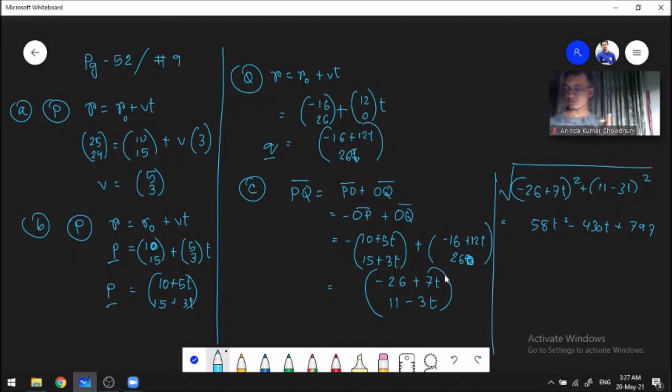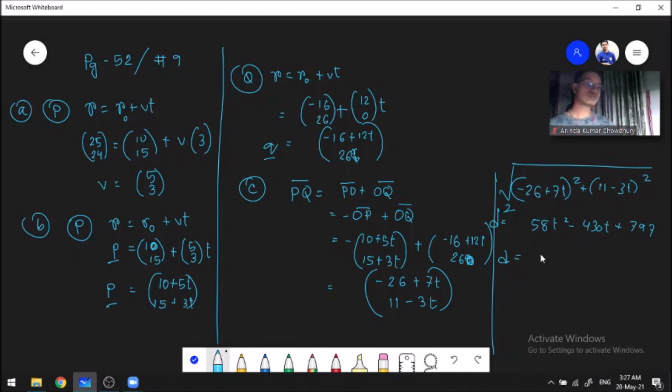Given that when t is equal to 2, okay, so we have a passage. Weather conditions are such that an observer on P can see the lights on Q only when the distance between P and Q is 13 kilometers or less. So basically, this is the expression for d squared. So this is the expression for distance squared.